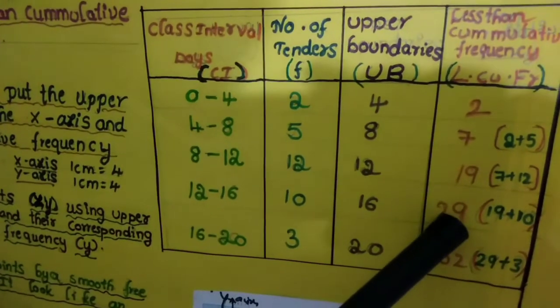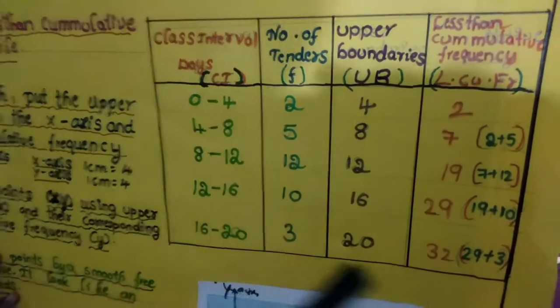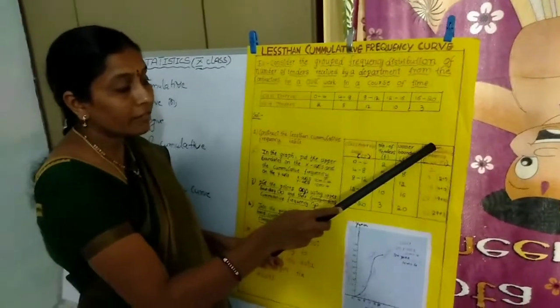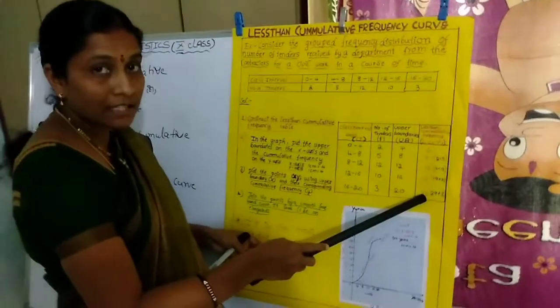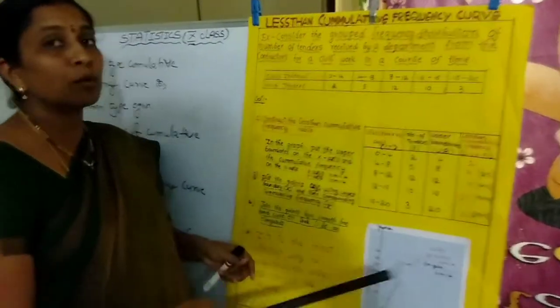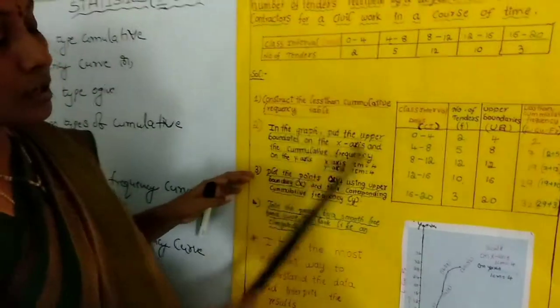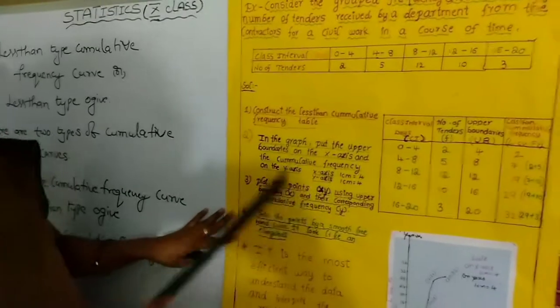Then we add this 29 to the last class frequency 3. 29 plus 3, we get 32. In this way we can find the less than cumulative frequency by adding all the frequencies from top to bottom. So this is the table to construct the cumulative frequency curve.